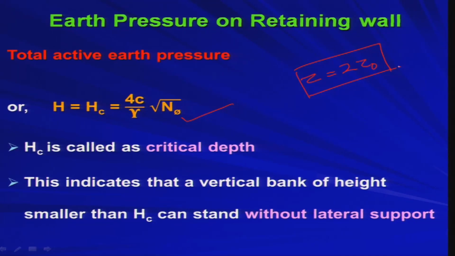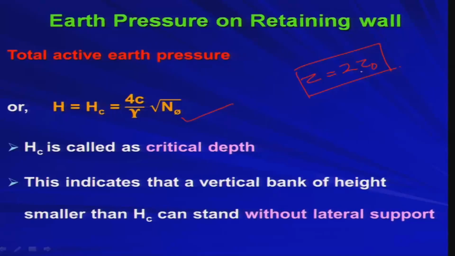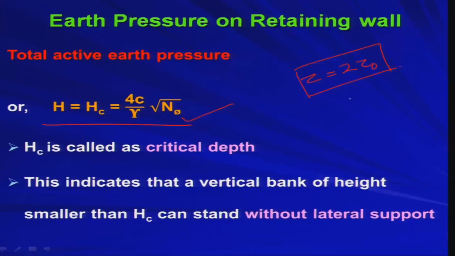So the total thrust from 0 to the depth twice z naught is 0: you get some negative pressure and some positive pressure, they cancel each other, and the total thrust is equal to 0. Physically you can explain it that way, but mathematically, when developing the expression, up to that depth 0 to HC is equal to AC, where AC is nothing but twice z naught, as we have already seen.